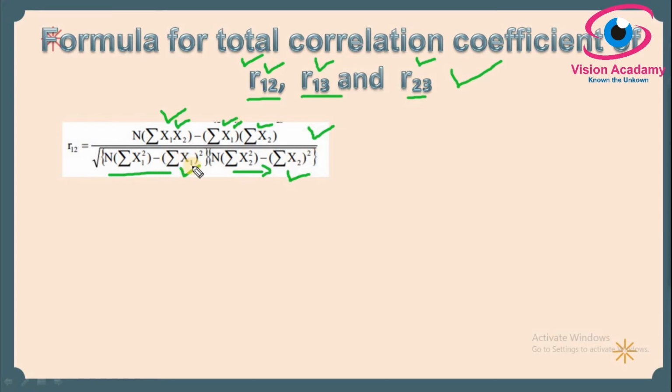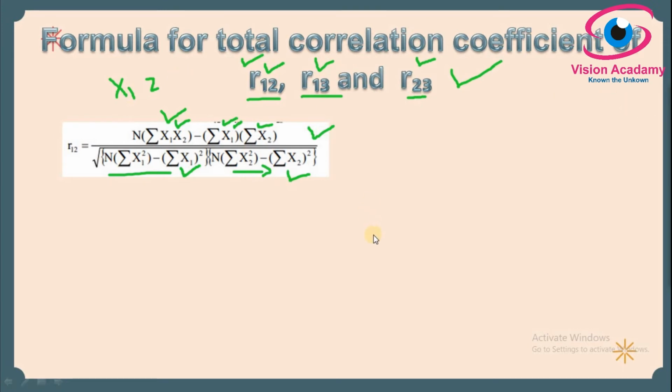So the formula is very easy. Since we are dealing with x1 and x2, we consider summation x1, summation x2, summation x1 x2, summation x1 square, summation x2 square. These five values and n, these six pieces of information, are necessary to apply the formula.